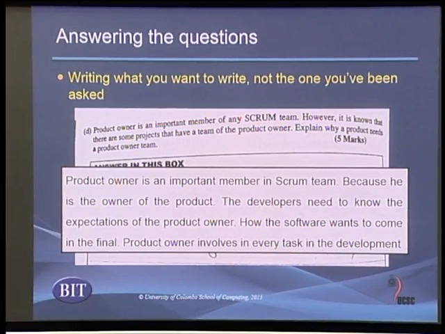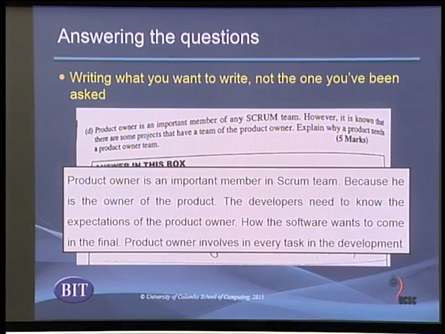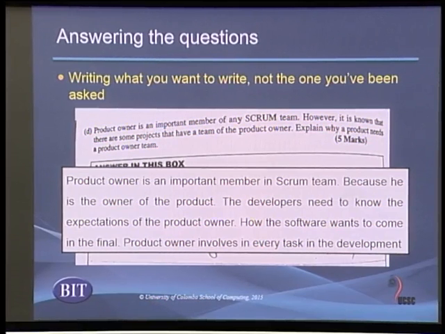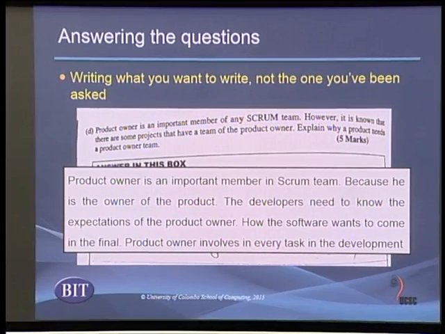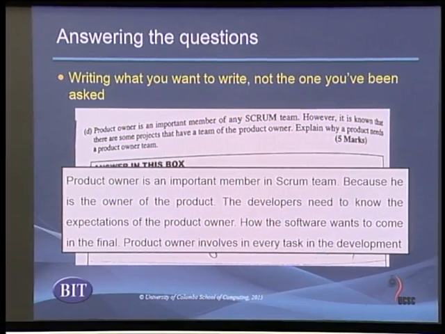He says a product owner is an important member in the Scrum team, which I had even given in the question. Because he is the owner of the product, the developers need to know the expectations of the product owner, how the software is meant to come out in the end. The product owner is involved in every task in the development.